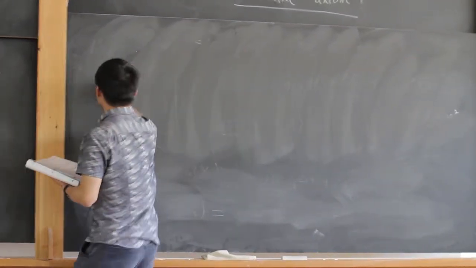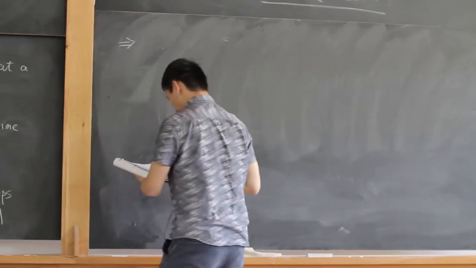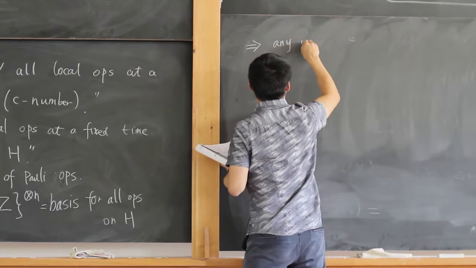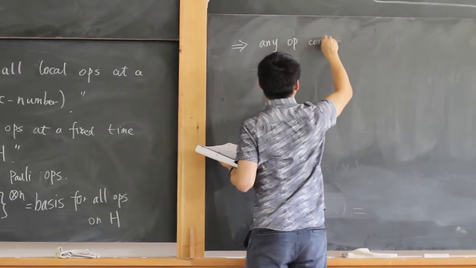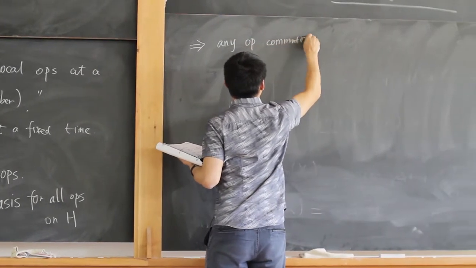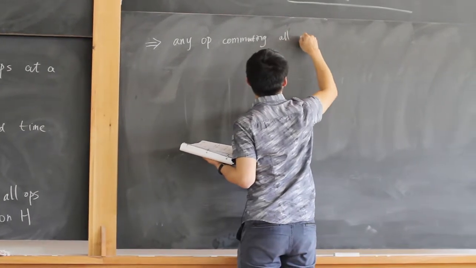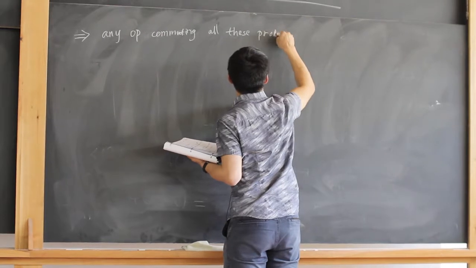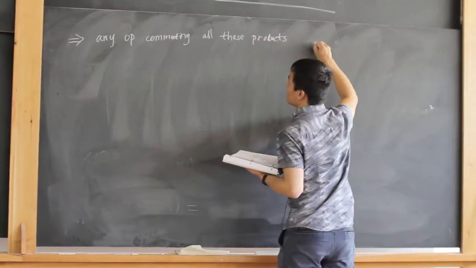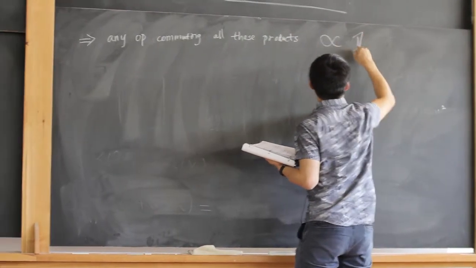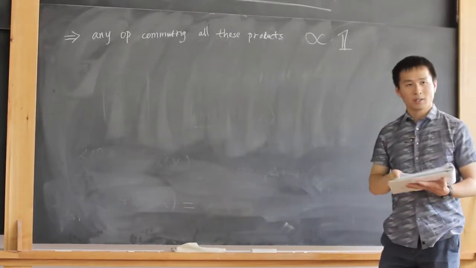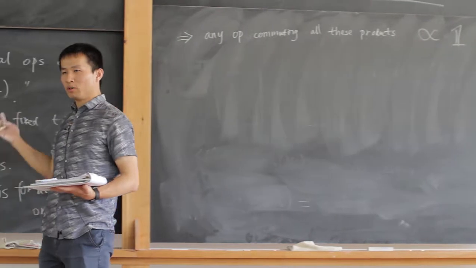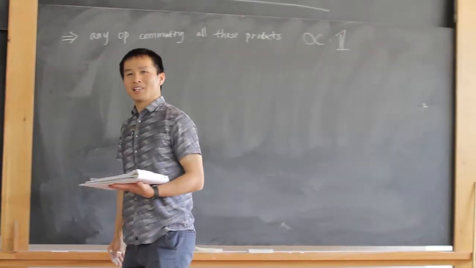And then it follows that any operator commuting with all these products must be proportional to the identity. So in this simplified discrete system, we can prove the Timeslice axiom.